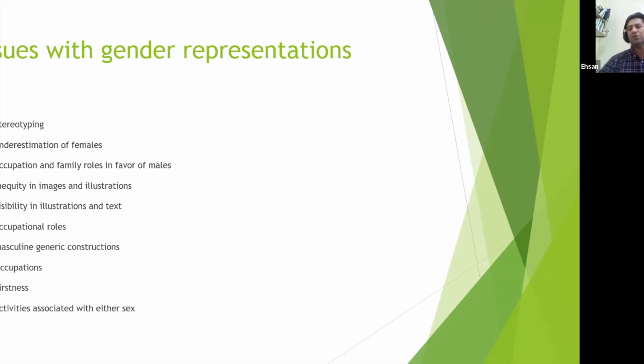When we talk about gender representations, we usually focus on some issues like stereotyping, estimation of females, occupation and family roles in favor of males, inequity in images and illustrations, visibility in illustrations and text, occupational roles, masculine generic constructions, occupations, firstness, activities associated with either sex.